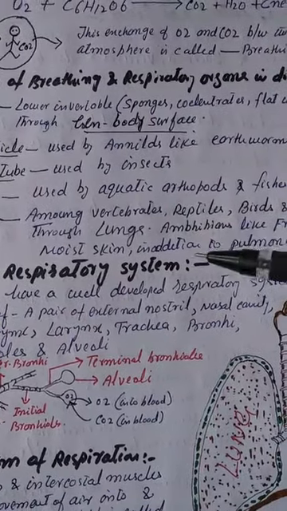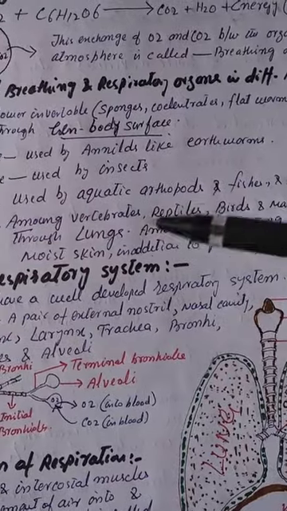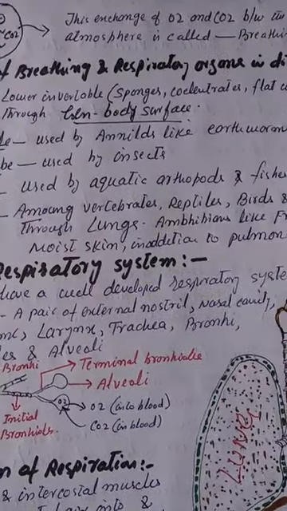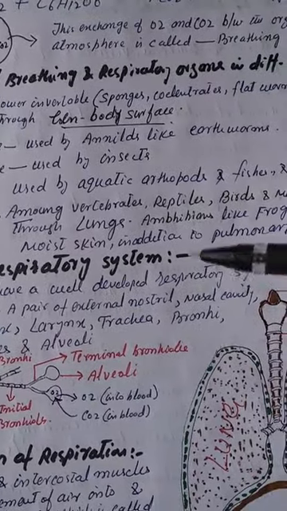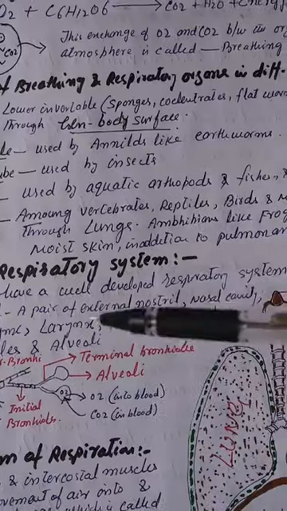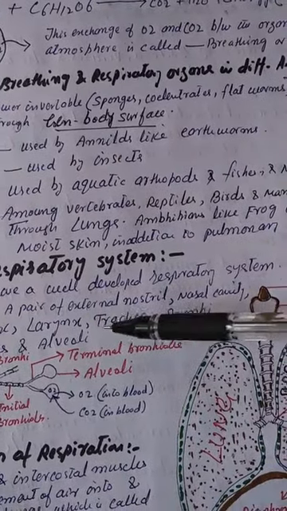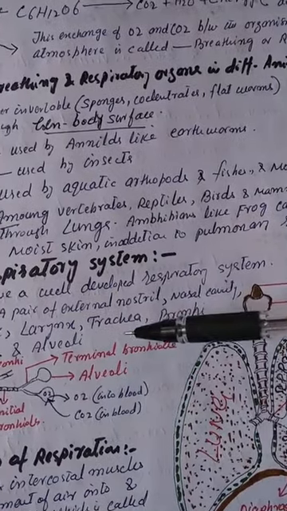The human respiratory system is a well-developed system, and it consists of a pair of external nostrils, nasal cavity, nasopharynx, larynx, trachea, bronchi, bronchioles, and alveoli.